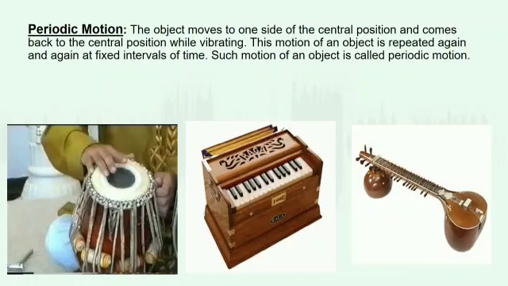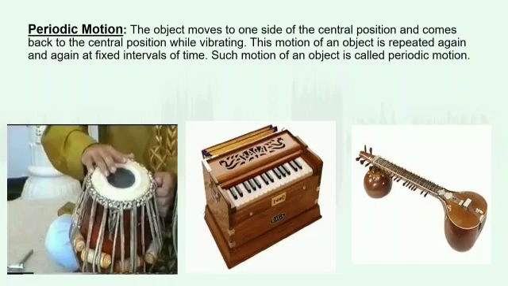What is periodic motion? The object moves to one side of the central position and comes back to the central position while vibrating. This motion of an object is repeated again and again at fixed intervals of time. Such motion of an object is called periodic motion.